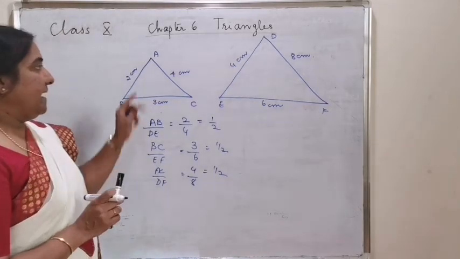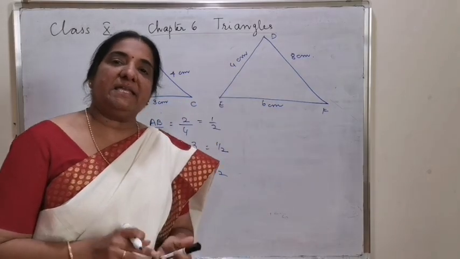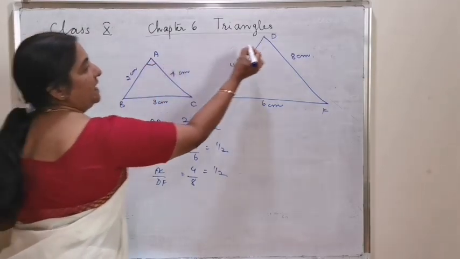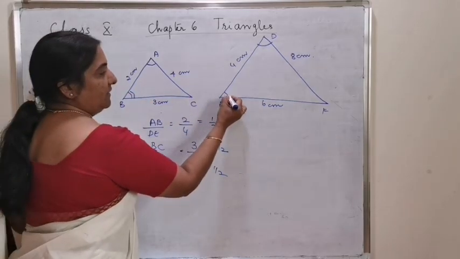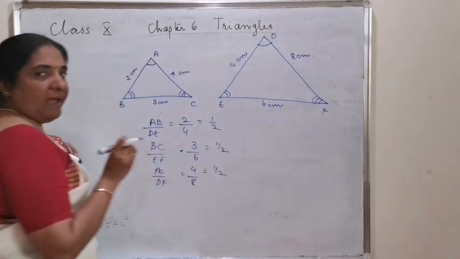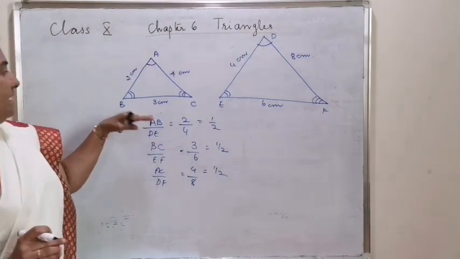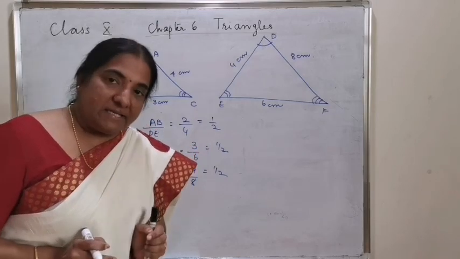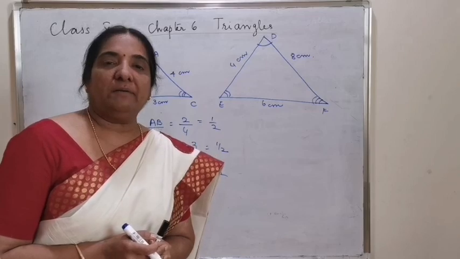So triangle ABC we can say is similar to triangle DEF because the angles A and D are equal, B and E are equal and C and F are equal, and the sides AB by DE, BC by EF and AC by DF are in the same ratio 1 by 2.